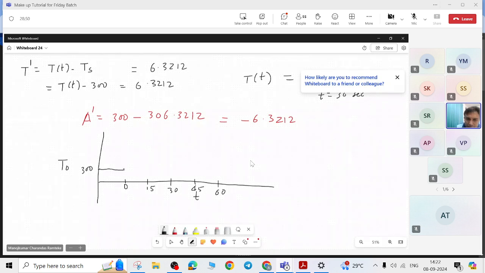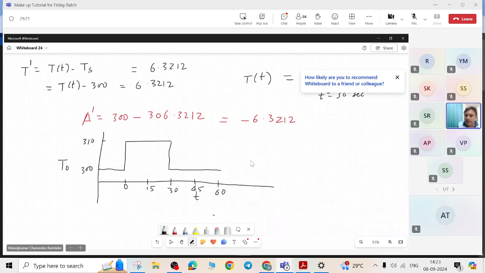Suddenly at time t equals 0, the bath temperature increased to 310, and I continued this till 30 seconds. At 30 seconds, again I gave a negative step and came back to a temperature of 300, and I have continued.